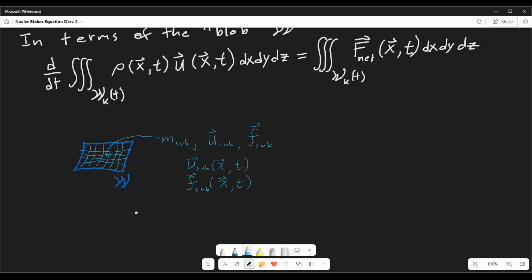And then the mass sub is where the density field comes in. So the mass sub is essentially going to be the density at that location, which can depend on space and time, times the little volume of that location.